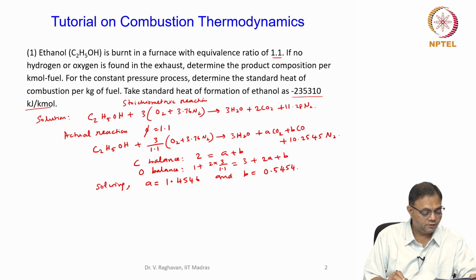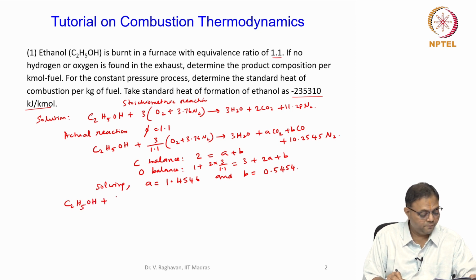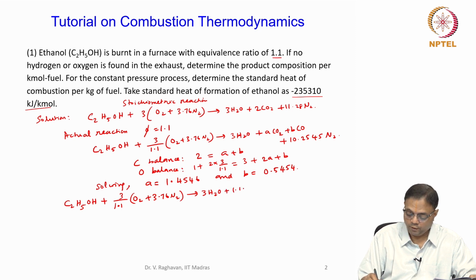So now I know the actual reaction: C2H5OH plus 3 by 1.1 O2 plus 3.76 times N2 giving 3 times H2O plus 1.4546 times CO2 plus 0.5454 times CO plus 10.2545 times nitrogen.